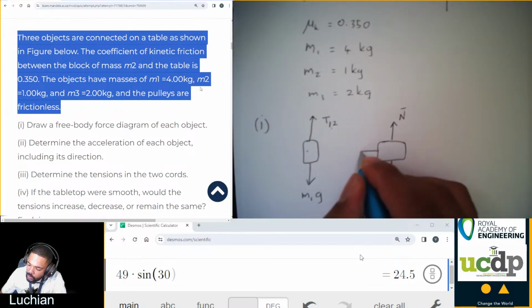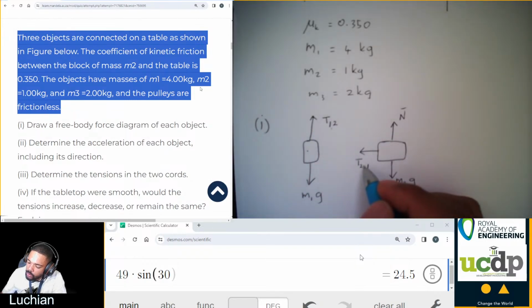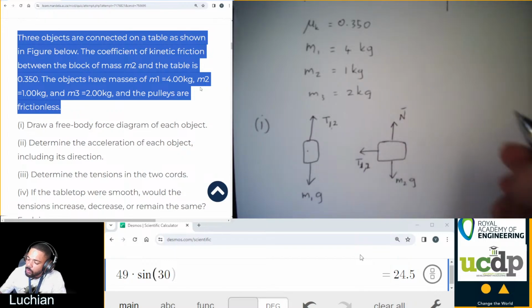Then it has the tension of 2 due to block mass 1. It's the same tension, T12 and T21. Let me just call it T12 so that you know. It's the tension due to 1 on 2.